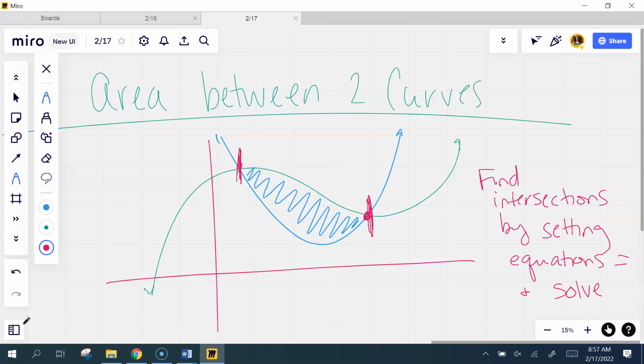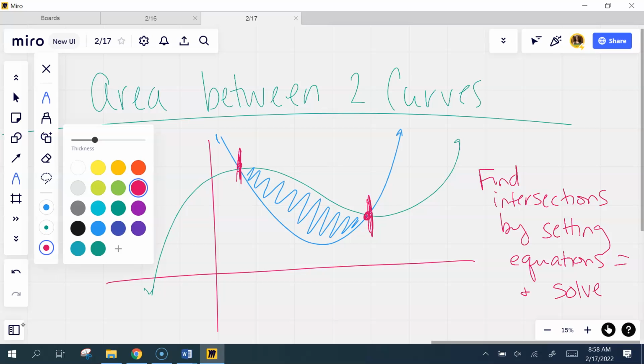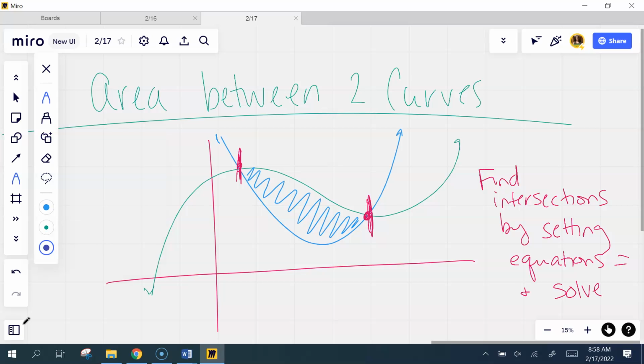Now, if I find those bounds, if you think about this for just a second, I need another color. All right, let's say I took this green graph right here.